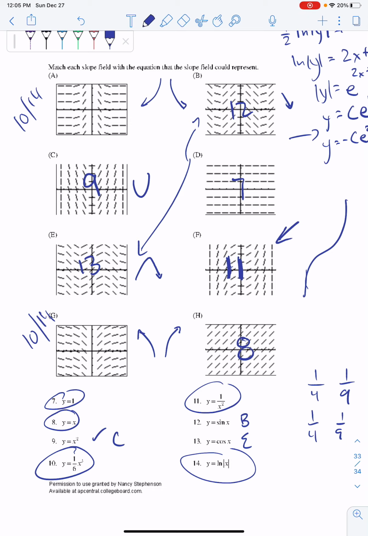You can plug in whatever number you want. So for number 10, I can plug in x and y being 1 and see what I would get. So when x is 1, right here, I get 1 over 6. So y would be 1 over 6.